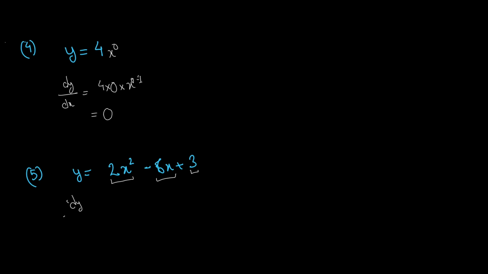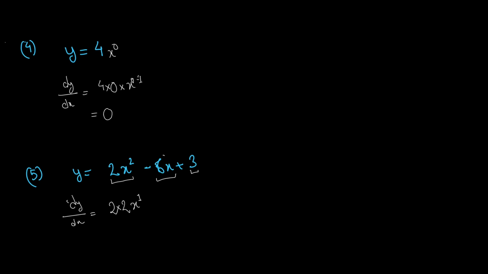Now let's do the same thing we had been doing. So dy divided by dx. Our very first component is 2x squared. Now 2 is a constant, so we'll put 2 at the beginning. Now for x squared, as 2 is the power, we'll put 2 in front, and then x, and since we know in differentiation the power decreases by 1, 2 minus 1 is 1. And then we have 6x here.